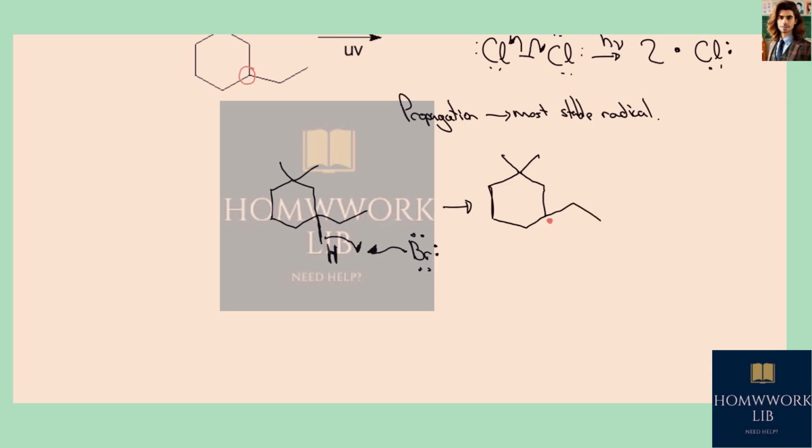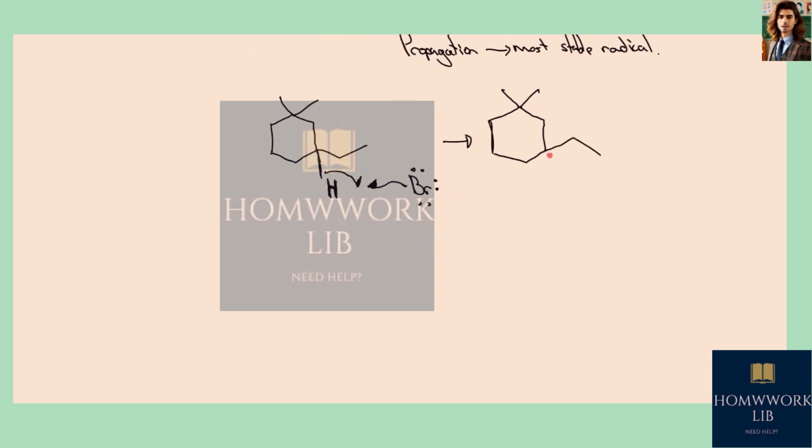And our ethyl group. The next step of the propagation is going to be the reaction of that radical with its electron with the other bromine radical that we have present in the mixture.